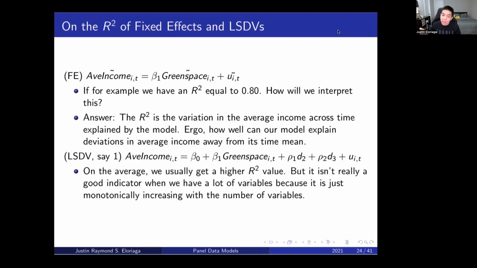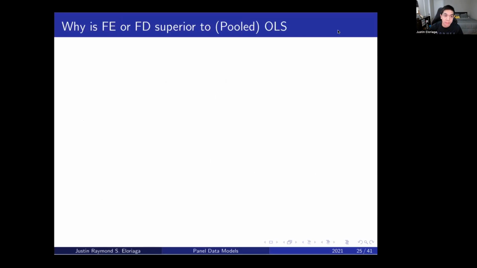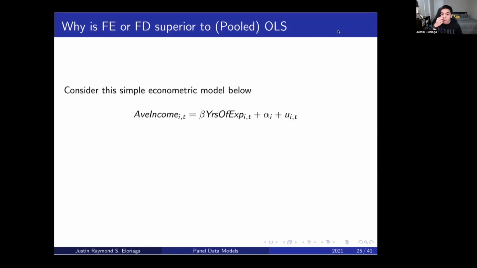But it isn't really a good indicator when we have a lot of variables, again, simply because that R squared being high is just a function of the fact that you're using a lot more variables than in the time average case.